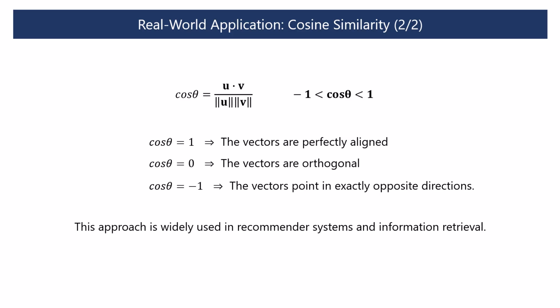Whether it is a search engine ranking documents based on a query or Netflix recommending movies based on your watch history, the core idea often boils down to computing similarity between vectors using the dot product. So, as we can see, the dot product is not just a mathematical operation. It is a practical tool that connects directly to real-world applications and decision-making processes.